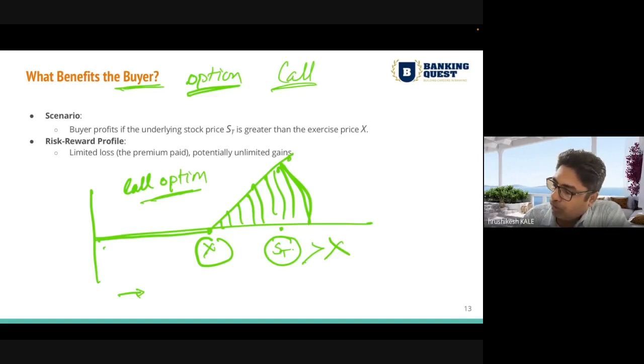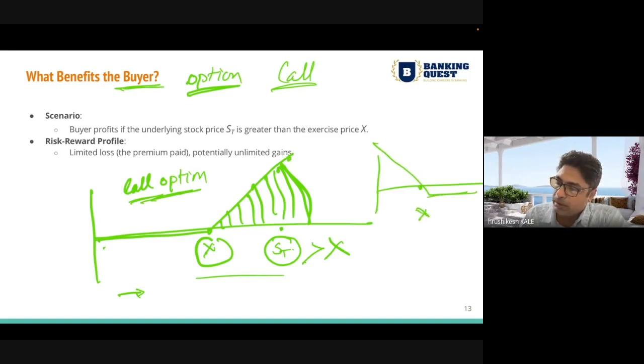Now, always remember, this is from a long call point of view. If you look at it from a put point of view, this is the exercise price and this is your ST, and then you will be in profit. So for a put option, the profit will be exactly opposite.